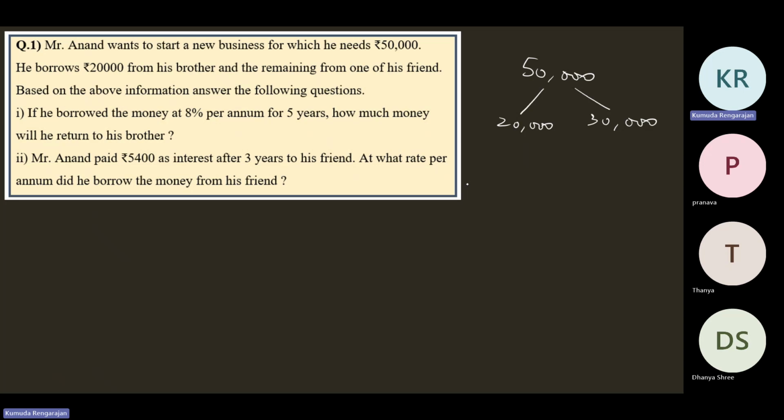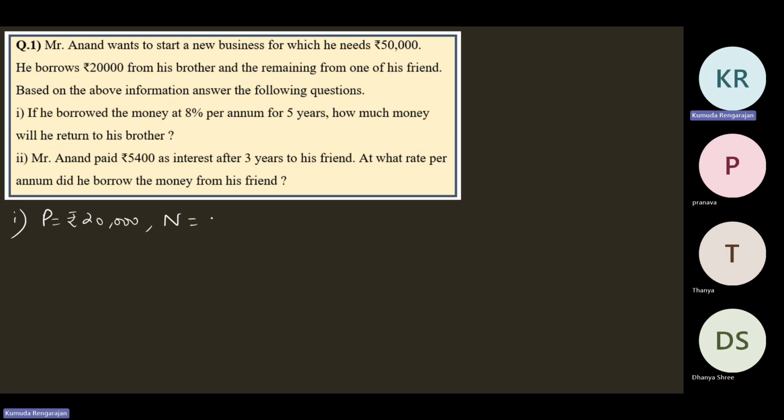If he borrowed the money at 8% per annum for 5 years, how much will he return to his brother? So we'll have to find the simple interest. Okay, SI is equal to, this for brother. Okay, so principal is equal to rupees 20,000.